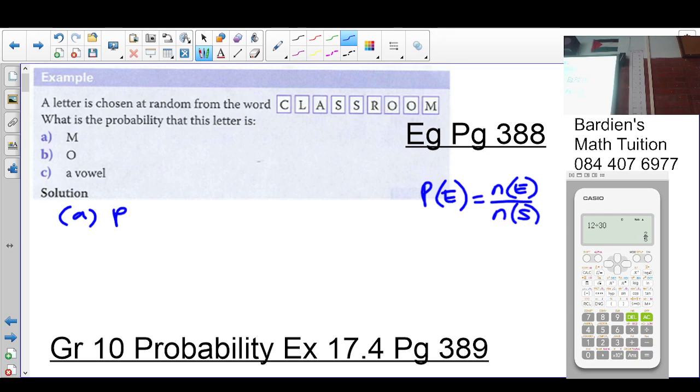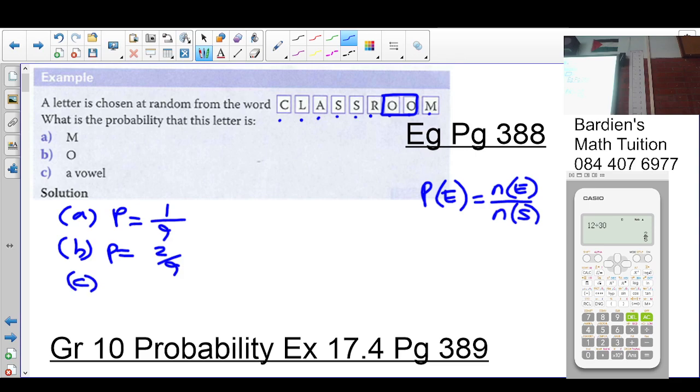How many M's are there? 1 M out of 1, 2, 3, 4, 5, 6, 7, 8, 9. There are 9 letters here, so it's 1 out of 9. B. The probability of drawing an O is equal to the number of O's over the number of letters in the sample space. There are 2 O's, so 2 over 9.